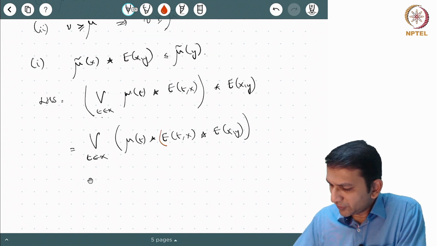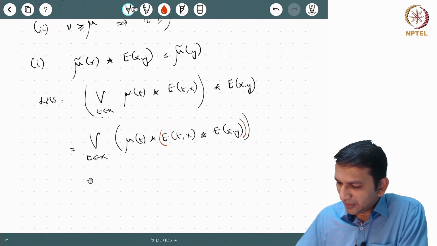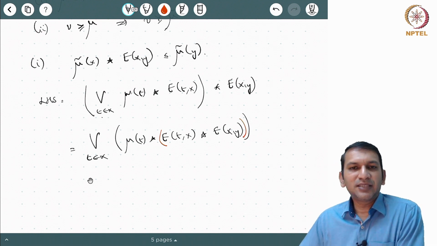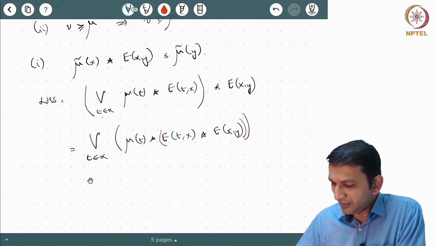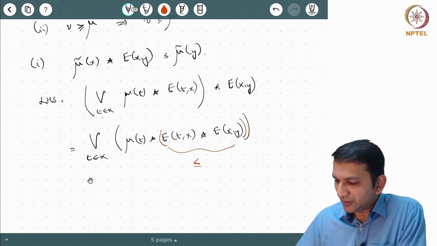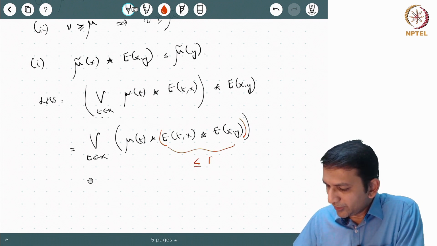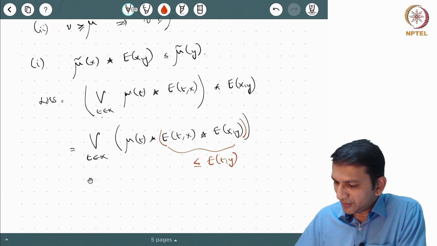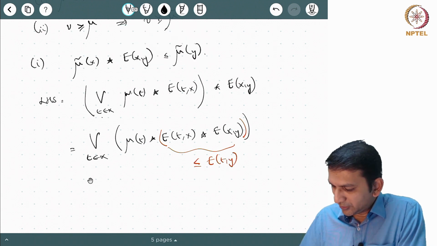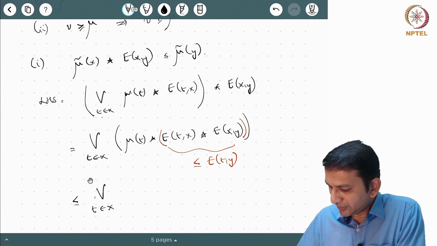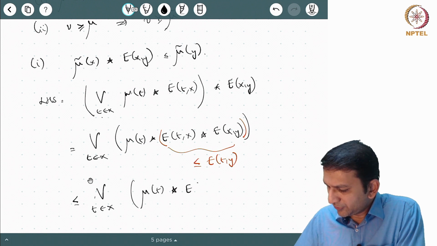Now, because of associativity, we do not need to put any brackets. But if we consider this term, we know that E is a star equivalence relation. That means this term is in fact less than or equal to E of Ty. So overall this is less than or equal to the supremum over T element of X of mu of T star E of Ty.